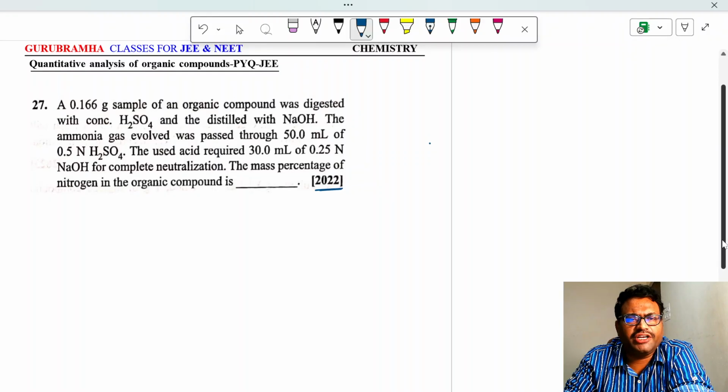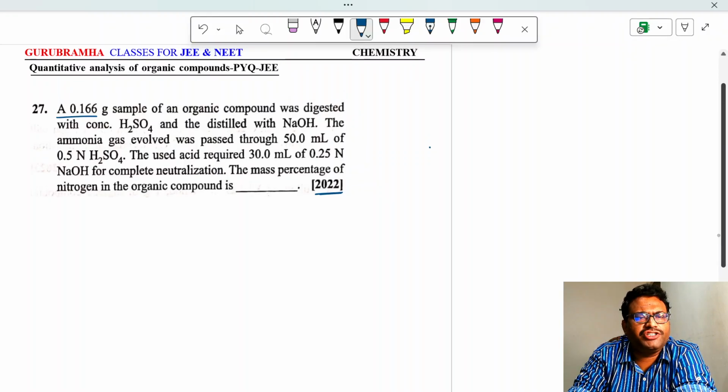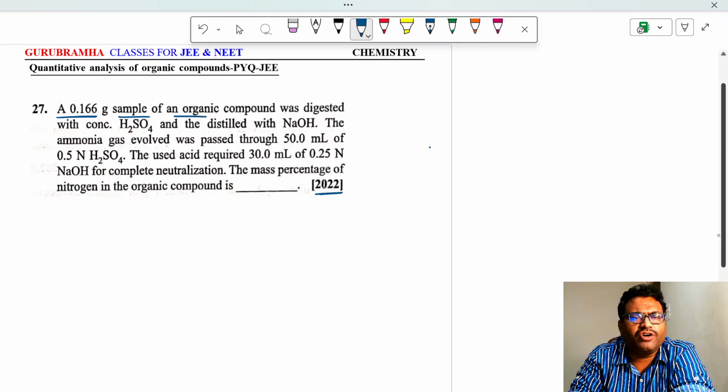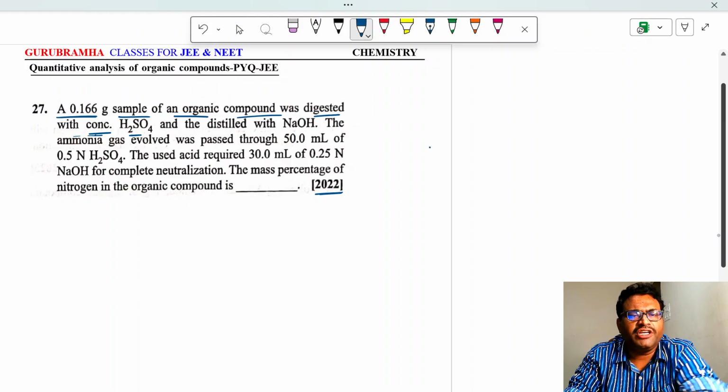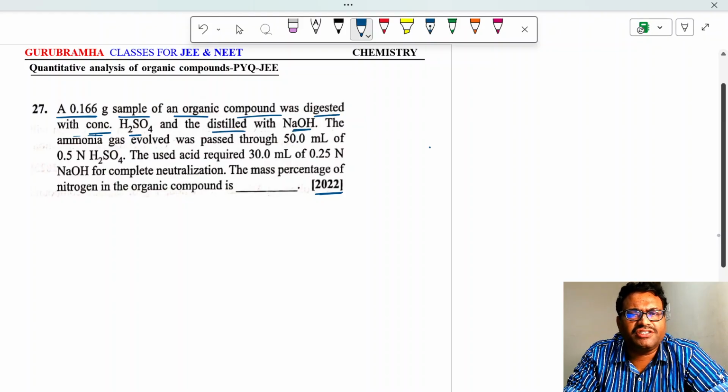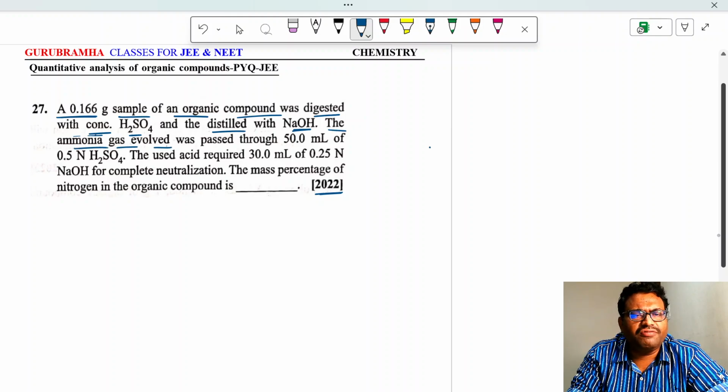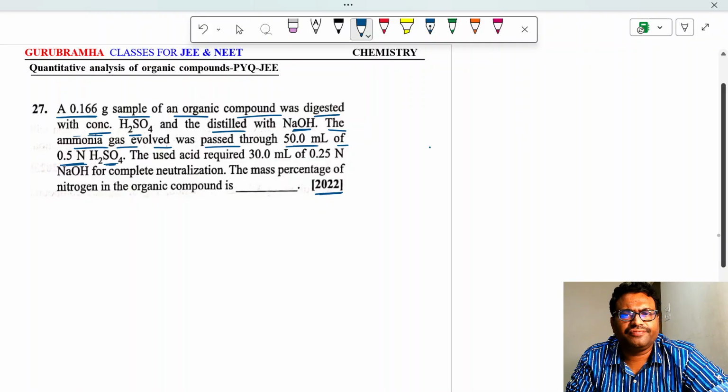You see this question: 0.166 grams of a sample of an organic compound was digested with concentrated H2SO4 and then distilled with NaOH. This is all the procedure of Kjeldahl method. The ammonia gas evolved was passed through 50 ml of 0.5N H2SO4.